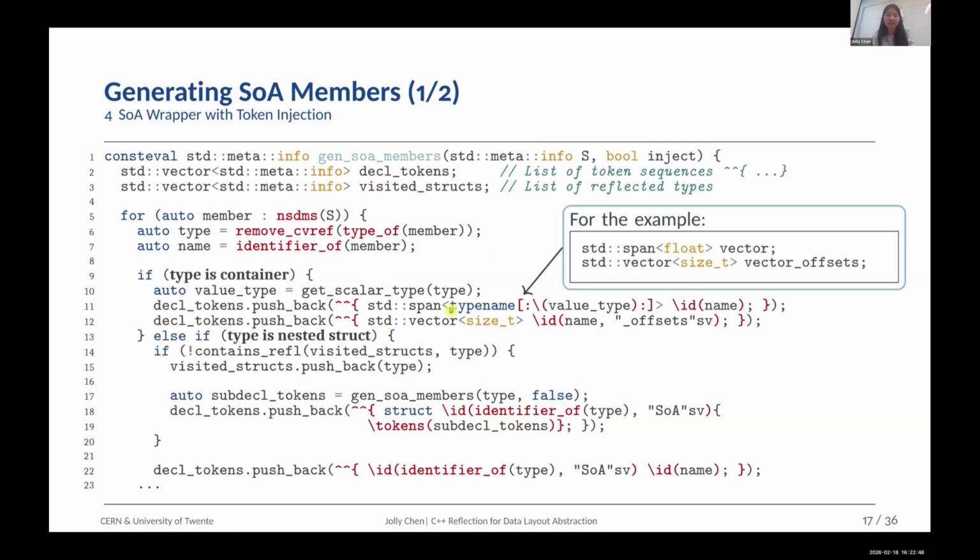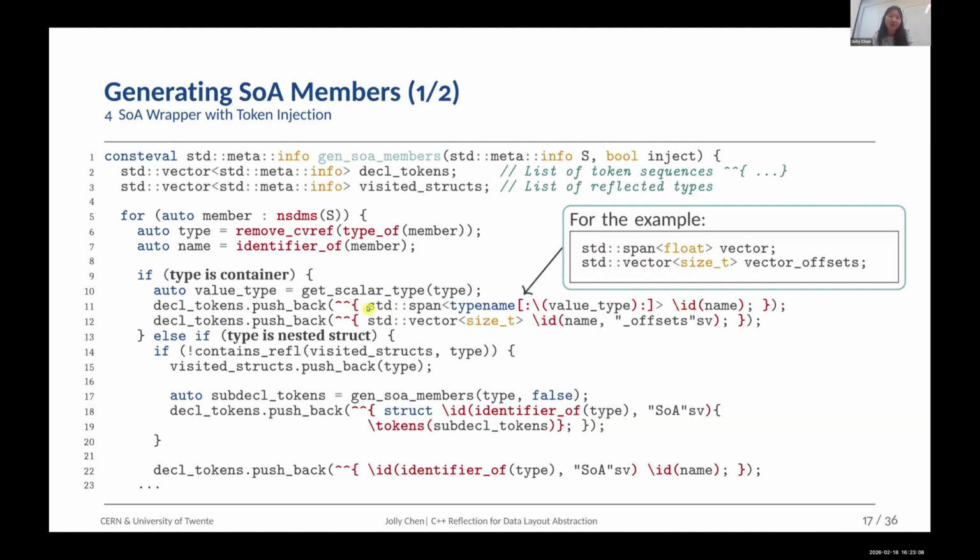What I want to highlight here is that if we have a container type, we want to inject std span float and std vector size_t vector of offsets. And to do this, you create a token sequence like this.